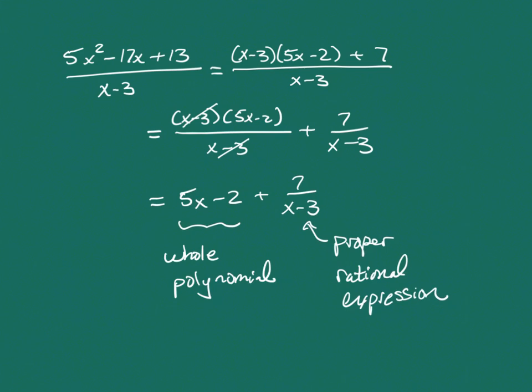So I've gotten a whole polynomial part and a proper rational expression, and I've decomposed those into their component forms. So now let's suppose that we've got a rational expression that looks like x squared plus 4x plus 7 divided by x squared minus 6x plus 5.